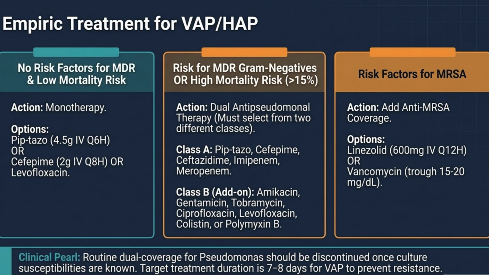VAP risk is categorized by time: early onset, less than 5 days, pathogens mirror severe community-acquired pneumonia, like Streptococcus pneumoniae and Haemophilus influenzae. Late onset, greater than 5 days, there is a radical shift to MDR organisms.